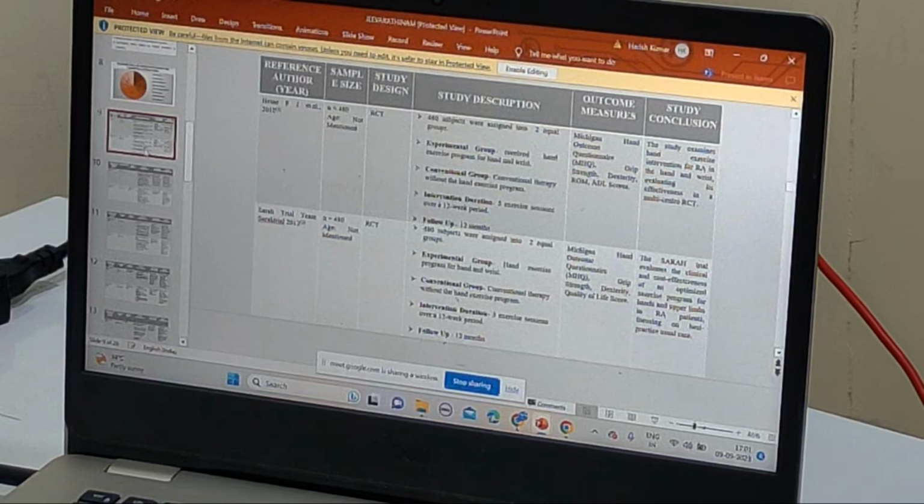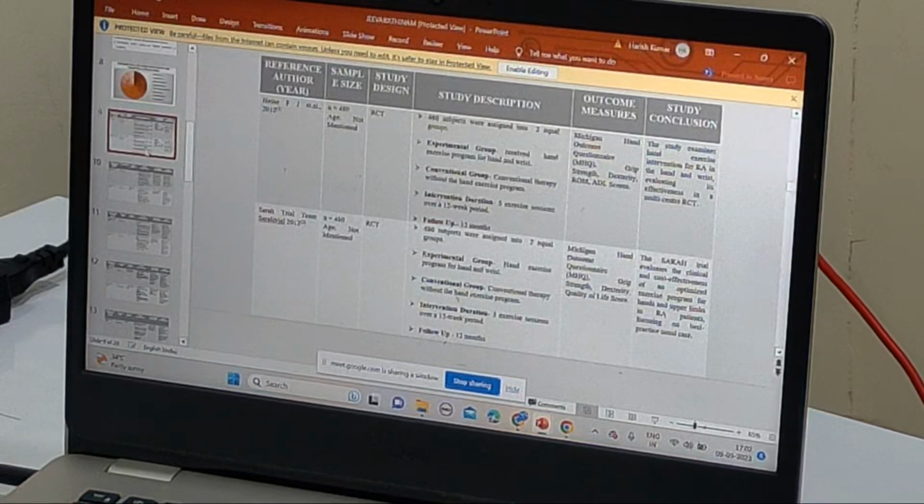In these two studies, each group involved 240 participants, a total of 480 participants. The ZARA approach was compared to conventional therapy. The ZARA approach included a specialized hand exercise program. The studies assessed various outcomes like grip strength, dexterity, and quality of life score with follow-up at 12 months.